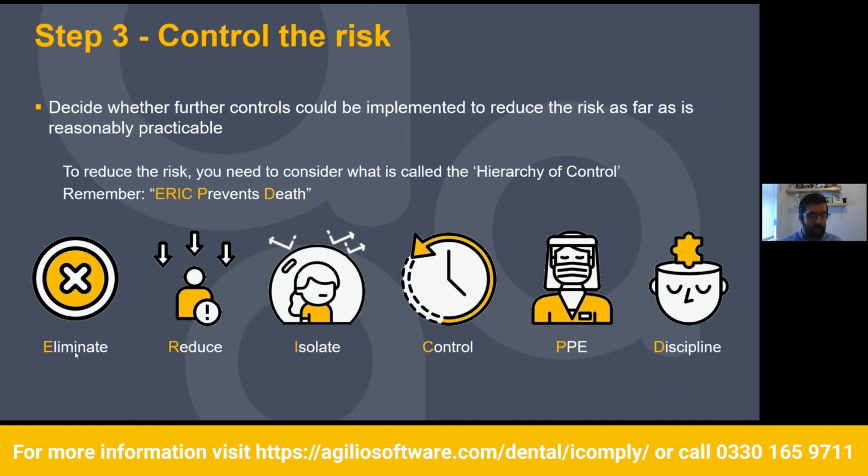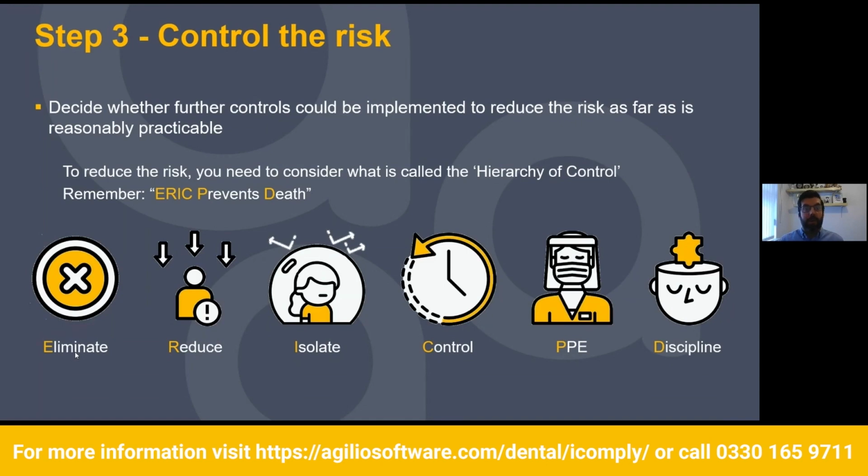But obviously that's not always going to be practicable. So if you can't eliminate the hazard, the next thing you need to think about is, can you reduce the severity of that hazard? Radiation is a good example for this. We can't eliminate radiation because we need it to operate in a dental practice.